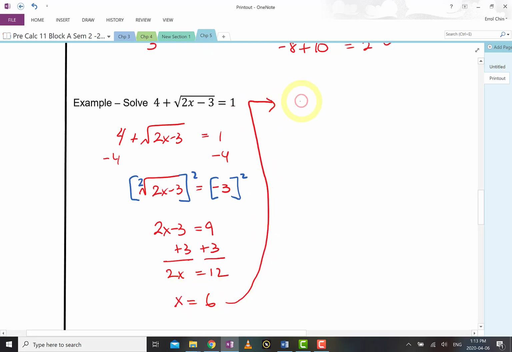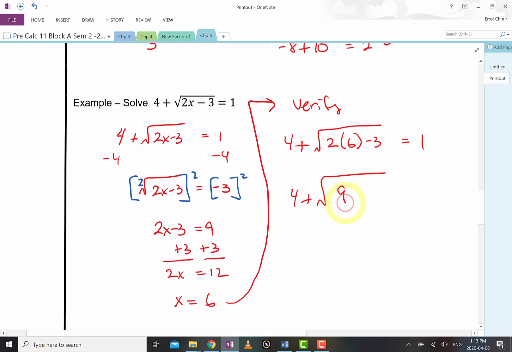Of course, like before, we're going to verify. Is this true? 4 plus the square root of 2 times 6 minus 3. Does that equal 1? I don't know. 4 plus 2 times 6 is 12, minus 3 is 9.